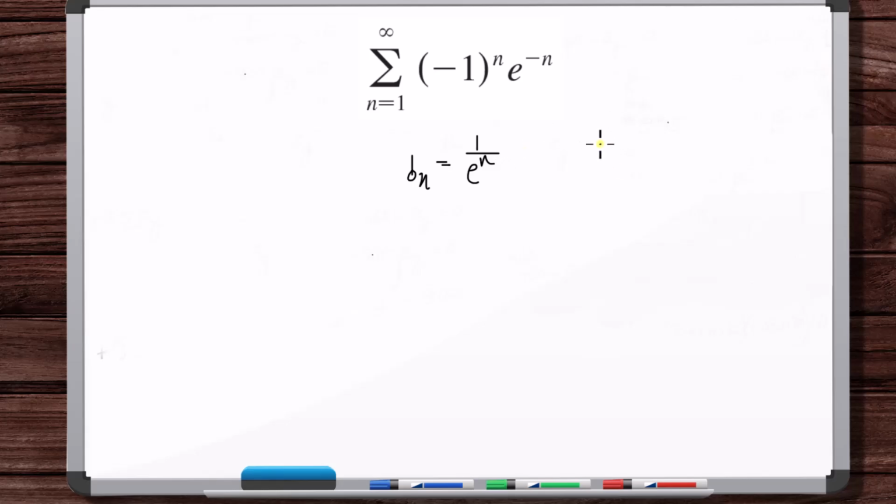So we can apply the alternating series test, which is you take the limit as n goes to infinity of the b sub n, and this is equal to 0, and so this is convergent.